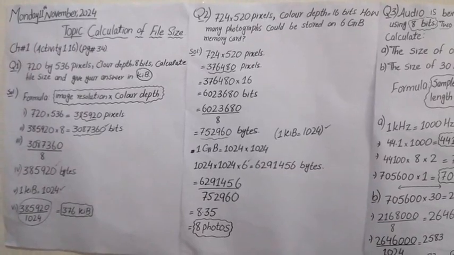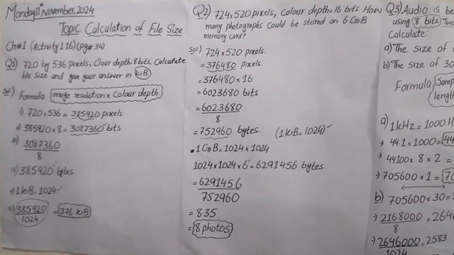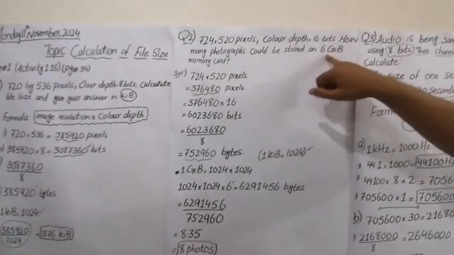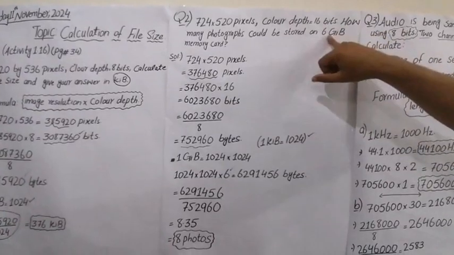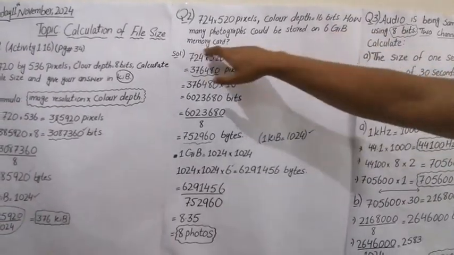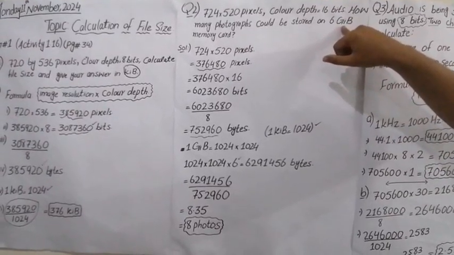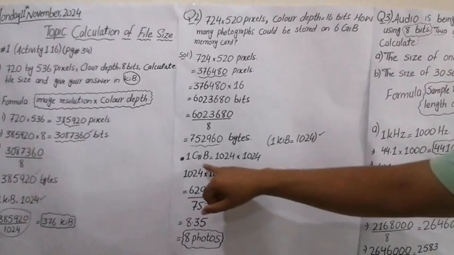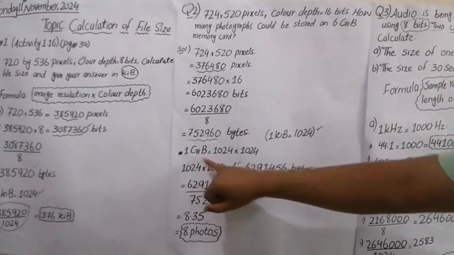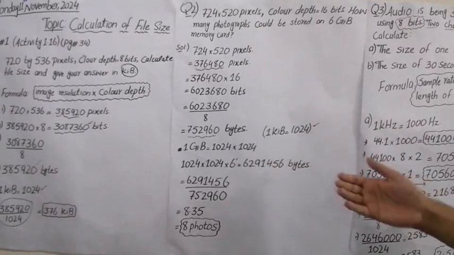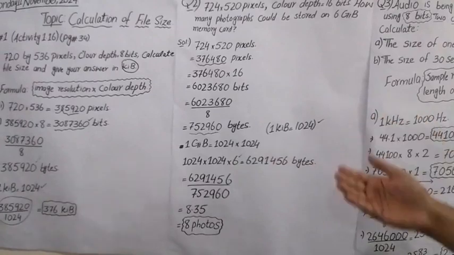Okay, so why have I done this? Because the device given here, a memory card, is 6 GB. So as we are getting the value of 1 GB here, when we multiply that value with 6, that means we'll get the value of 6 GB.